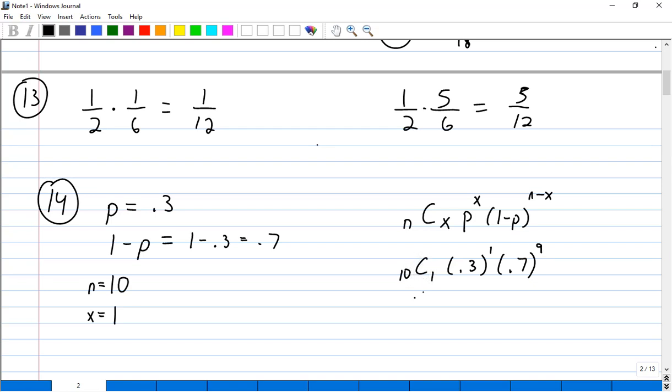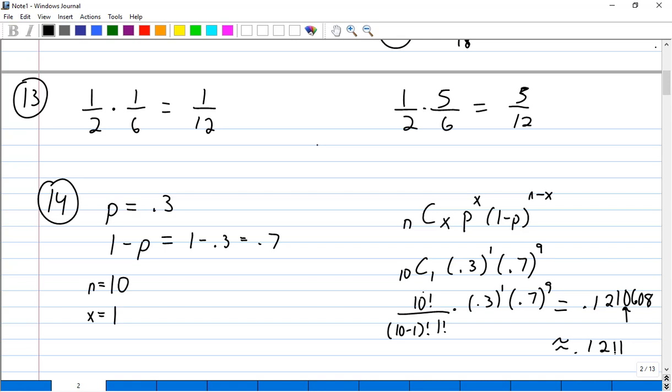So remember, the way you work that out, that's 10 factorial over 10 minus 1 factorial times 1 factorial. Then times 0.3 to the first times 0.7 to the 9th. If you do all this in your calculator and you work it out, you're going to get about 0.12100608. And the problem says to round to 4 decimal places. So that means my answer is going to be about 0.1211. That's my answer.